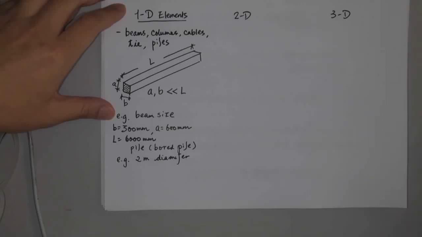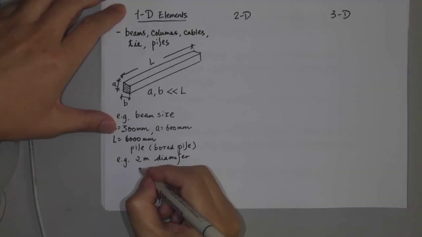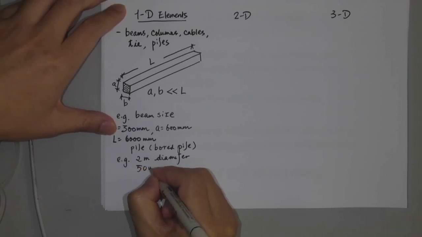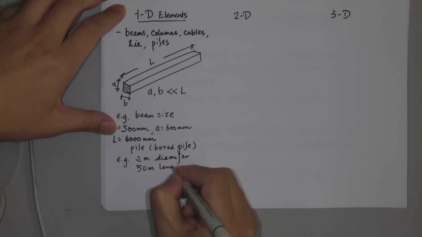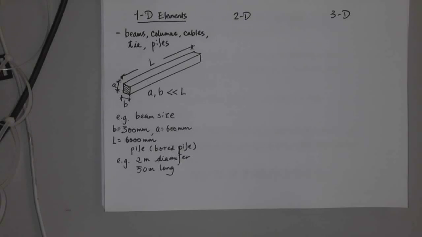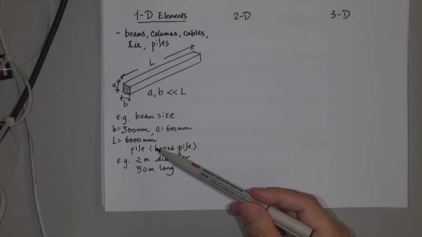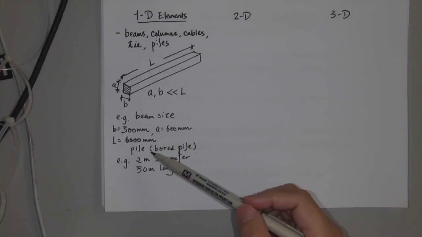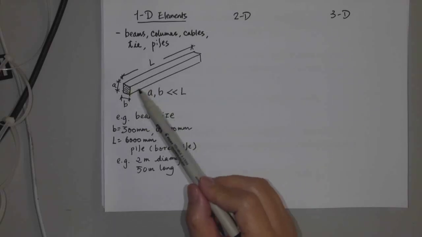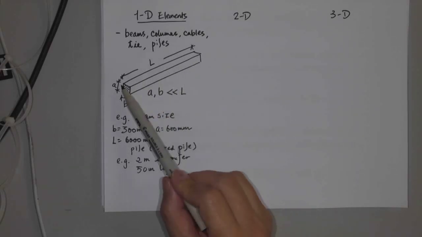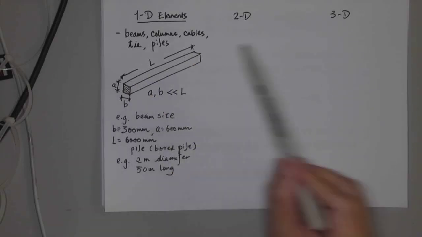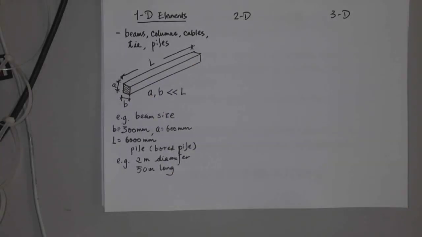It could be 30 meters, 50 meters, 80 meters. Let's say 50 meters long. Just to give you an idea, the difference between the dimension of the cross-section and the length is a big difference. At least 10 times.